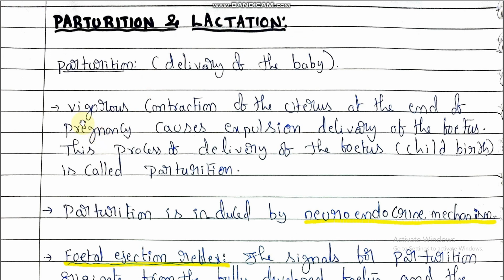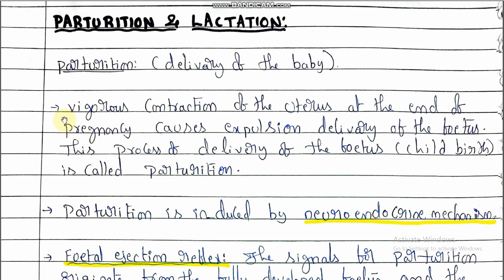So what is the definition of parturition? Vigorous contraction of the uterus at the end of pregnancy causes expulsion, delivery of the fetus. This process of delivery of the fetus, childbirth, is called parturition.